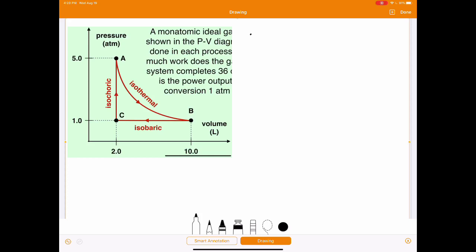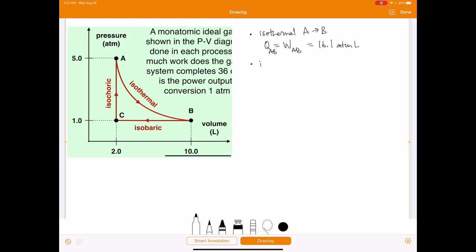Okay, so we'll again start with the isothermal process, which again takes us from point A to point B. And we'll just use the formula we derived, that in an isothermal process, the heat is equivalent to the work that's done. And we actually calculated this. We calculated the work done by the gas going from A to B, and we found it was 16.1 atmosphere liters, so that's the same as the heat, as long as we're dealing with an isothermal process.